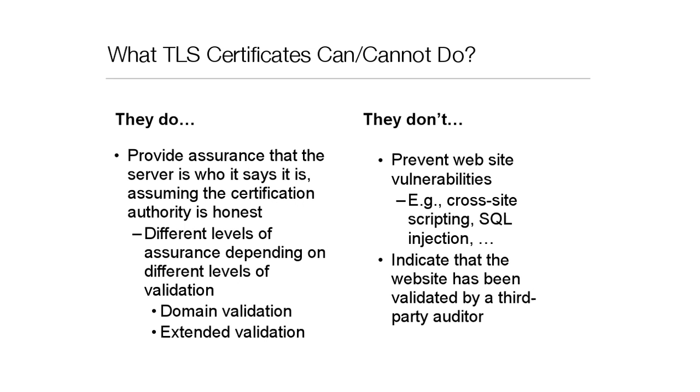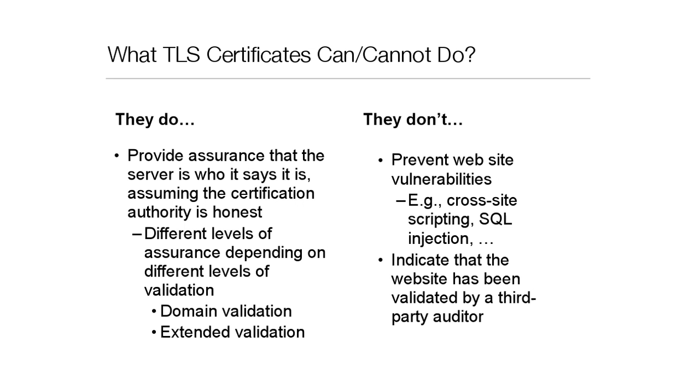So everybody is going to trust that root certificate authority; their root certificate is trusted. Based on that trust, the certificate provides an assurance that the server is who it says it is, not another person. There are different levels of assurance depending on different levels of validation, like domain validation or extended validation, but this is mainly what the certificate does. It gives an assurance of the identity of the server.